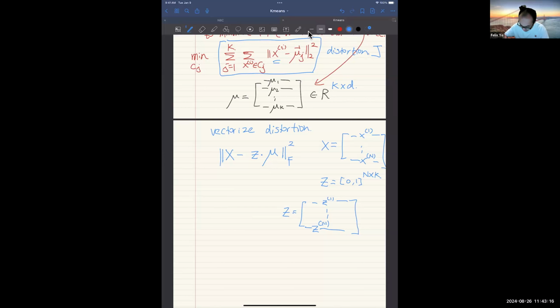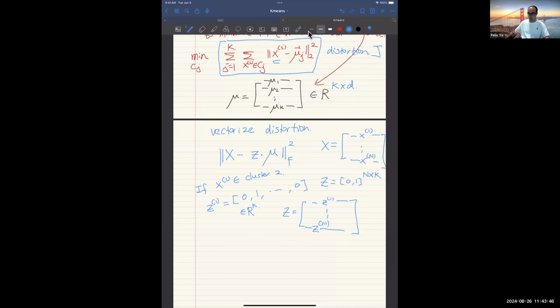For example, if we assign x1 into cluster 2, then Z1 will be the one-hot encoding of cluster 2 among the K clusters. So this will be 0, 1, 0, 0, 0, in R^K.